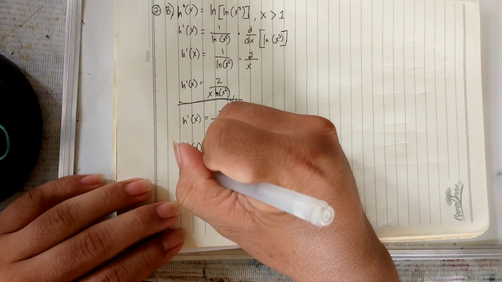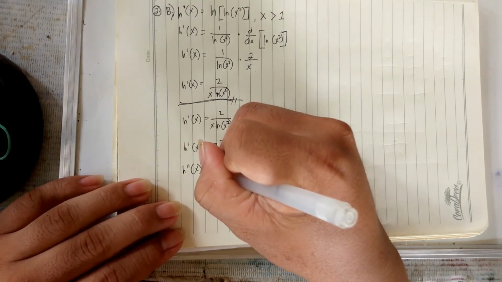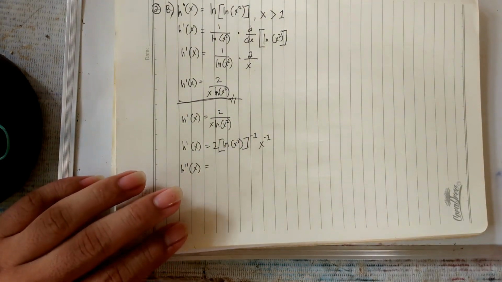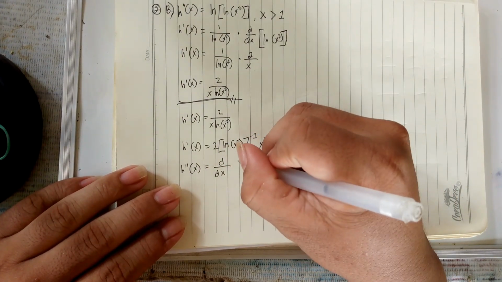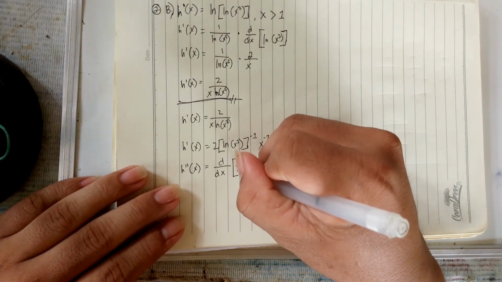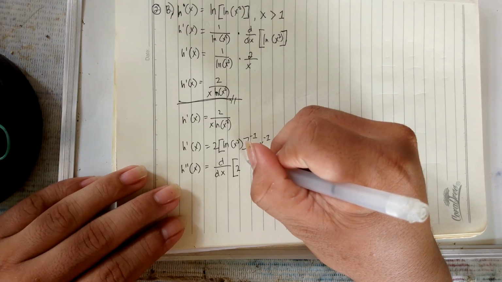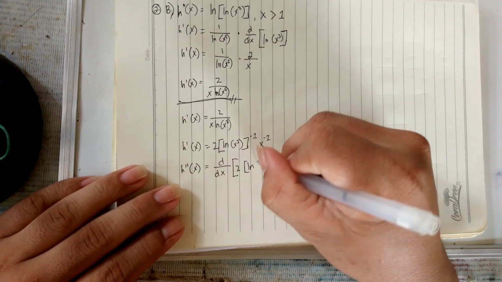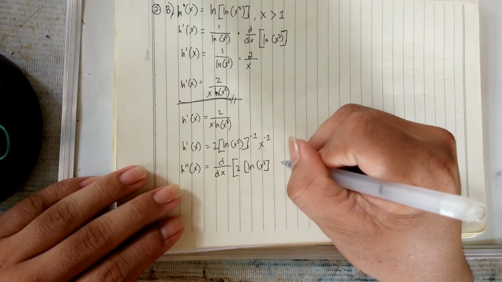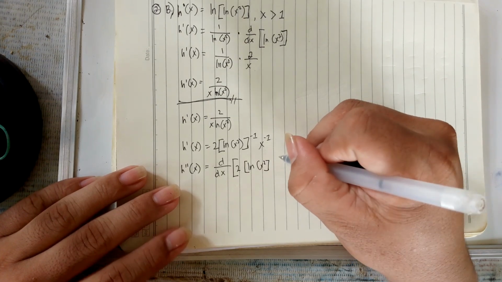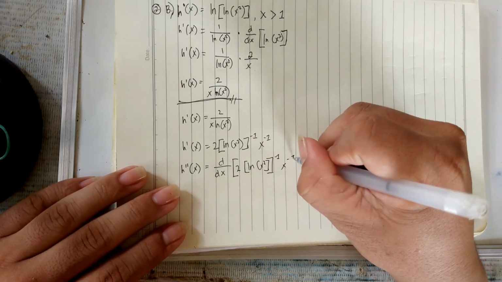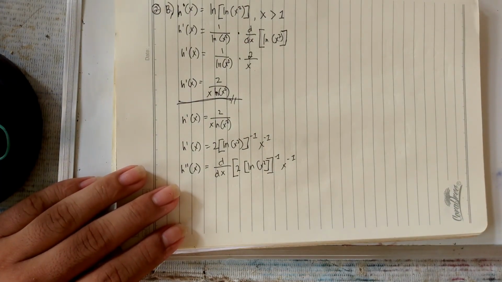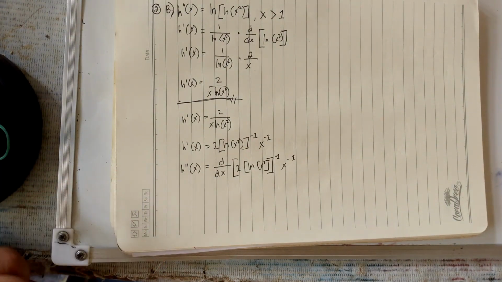So we have h second derivative of x is equal to d over dx of 2 ln x squared to the power of negative 1 times x to the power of negative 1. Next, we use the product rule.